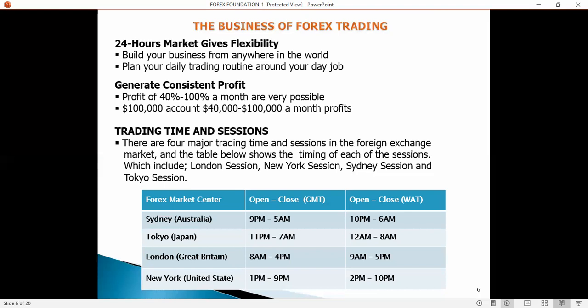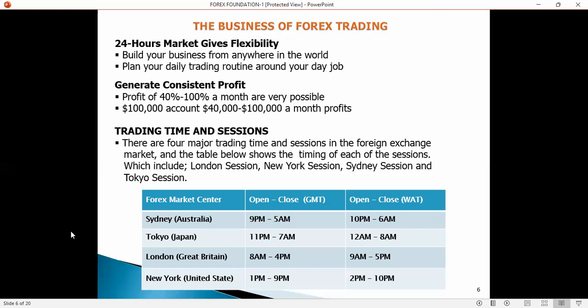Now, it does not really matter that if this market is closed you cannot trade it. No, you can still trade it. But this is the time this market is very, very active. This is the time you see the Australian market moving very well, the AUD, Australian dollars.